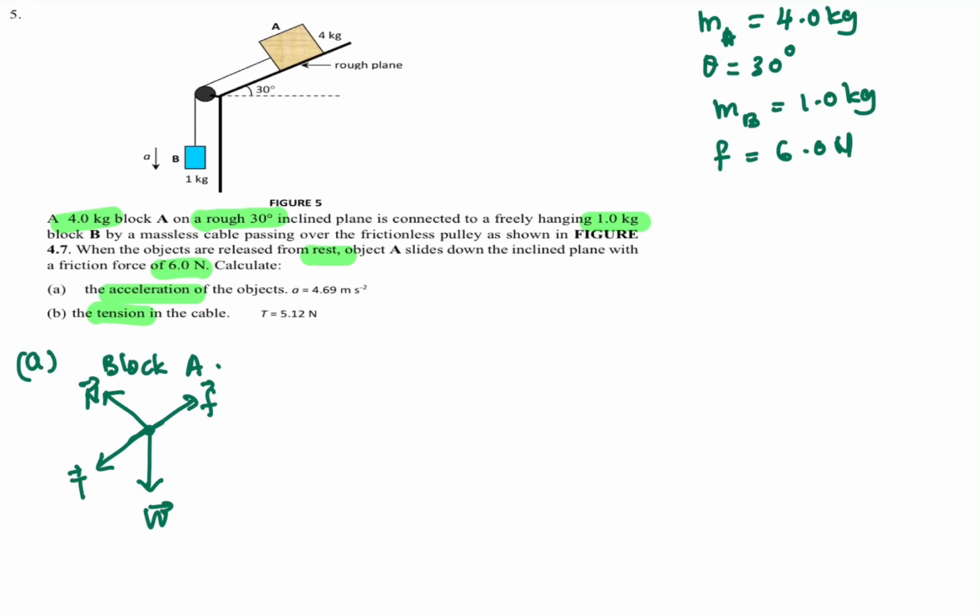So from block A, we can get one equation. Summation Fx is equal to ma, and you have T plus Wx minus f equal to ma.